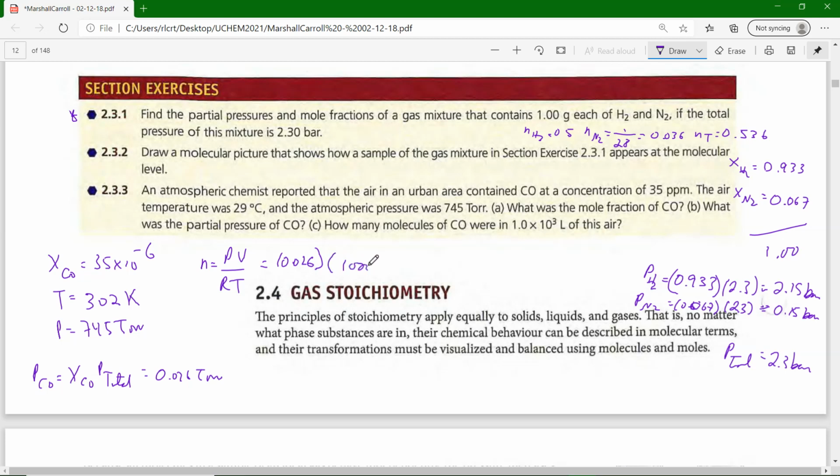is 1,000. R, which R shall I use? I'll use 8.314.